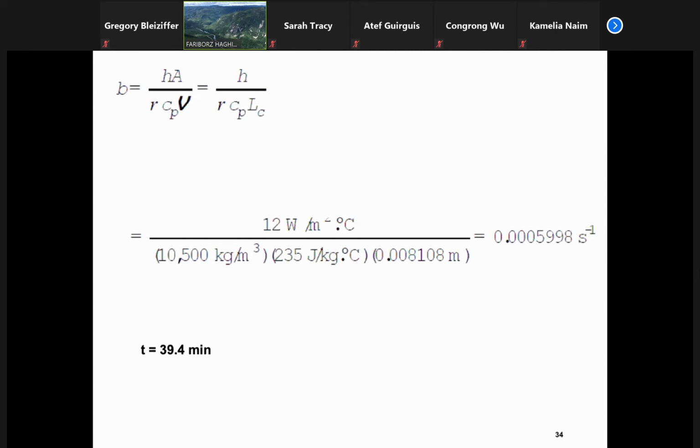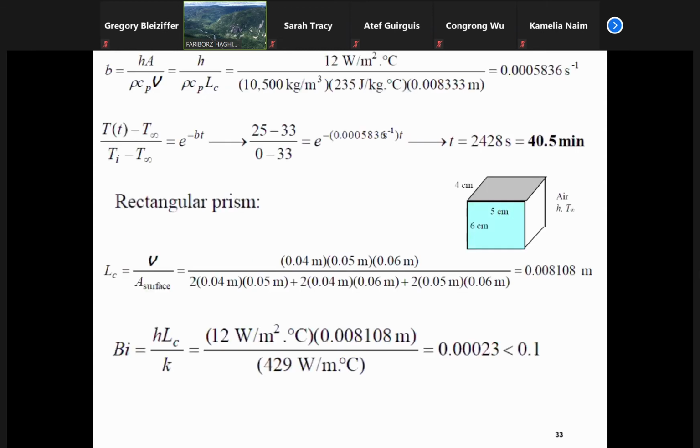When we solve this problem, we made an assumption that when the heat reaches the surface of the solid, there is no resistance inside the solid. What do I mean there's no resistance? It means the temperature everywhere in the solid is the same. To find a number to use as an indicator, we use the Bi number. The Bi number represents the resistance to conduction versus convection: Lc over k, and 1 over h. 1 over h is the resistance to convection.